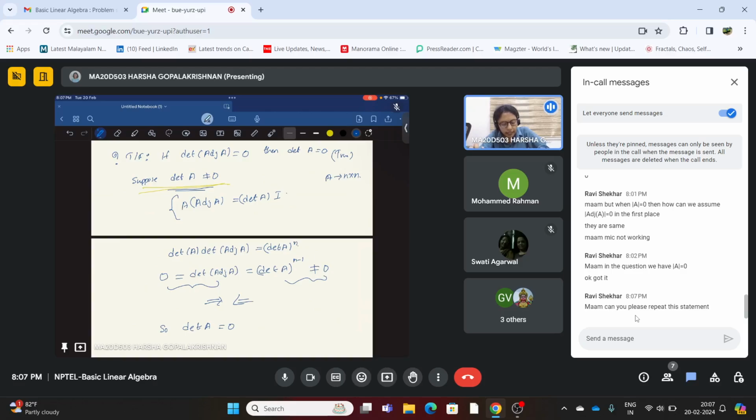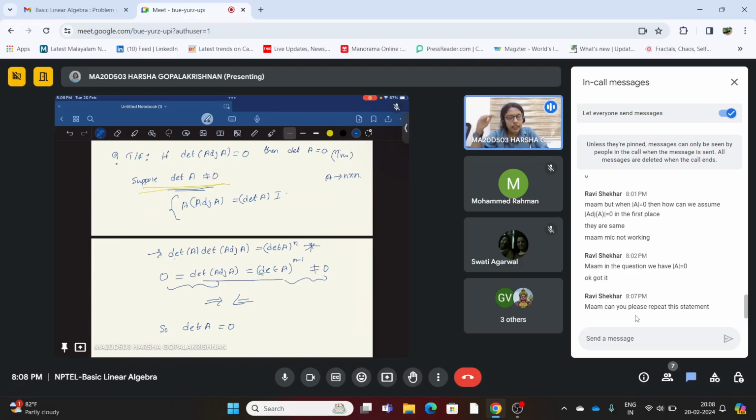Taking the determinant on both sides, since determinant of A is non-zero by assumption, I can divide by the determinant of A on both sides. Then I get determinant of adjoint of A equal to determinant of A power n minus 1. But determinant of A is non-zero by assumption, so it is not equal to 0.